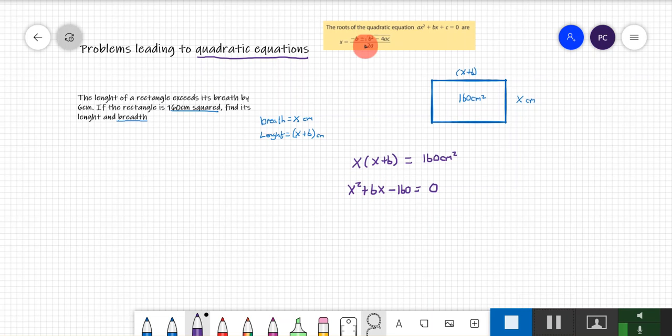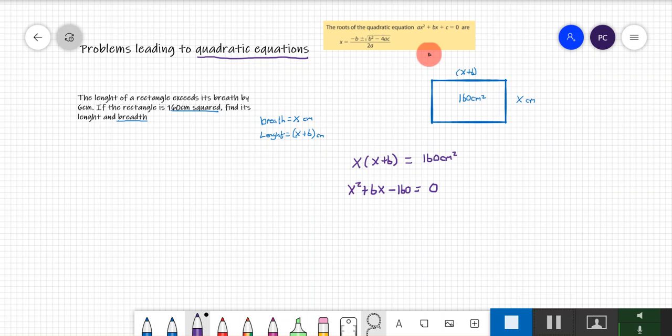This here is the quadratic formula, and this here is our quadratic expression. What we need to do now is identify what a is, what b is, and what c is. We've written the quadratic equation in this form: ax squared plus bx plus c is equal to 0.